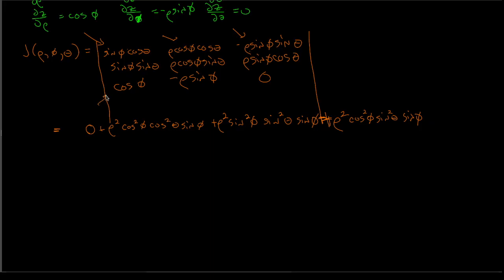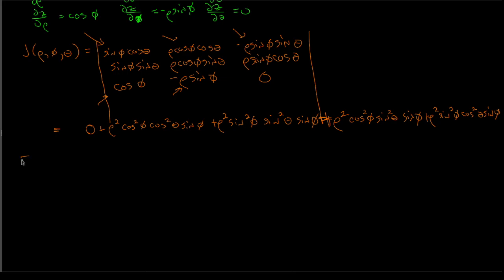So that's these upward elements. Now I'm going to do these upward elements, so it's minus rho times rho, so that's plus rho squared. Sine phi times sine phi times sine phi is sine phi squared, cosine squared theta, sine phi. These elements give me this, and then I have 0 here, so plus 0.